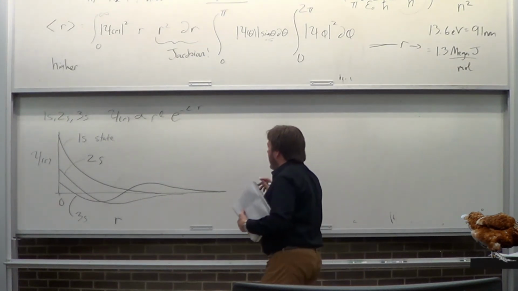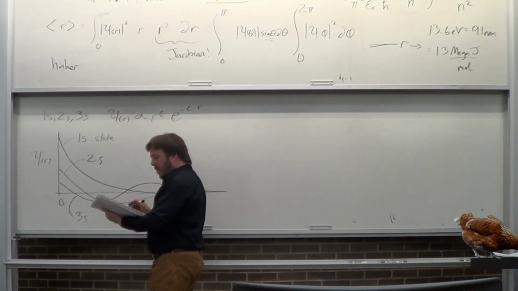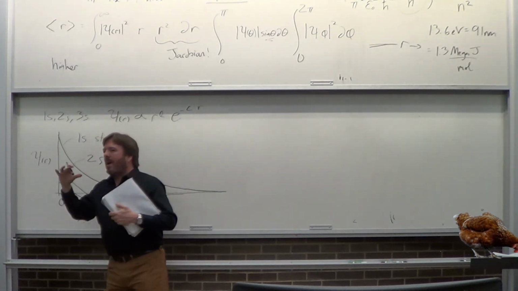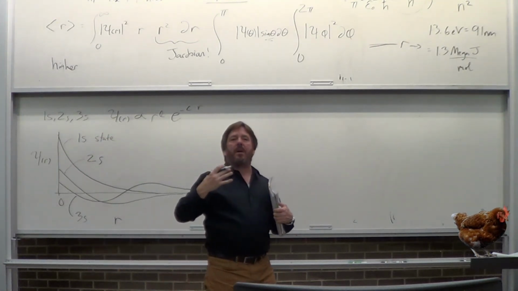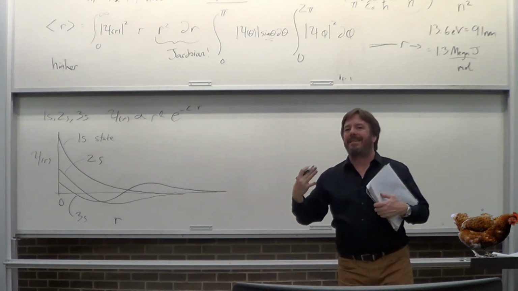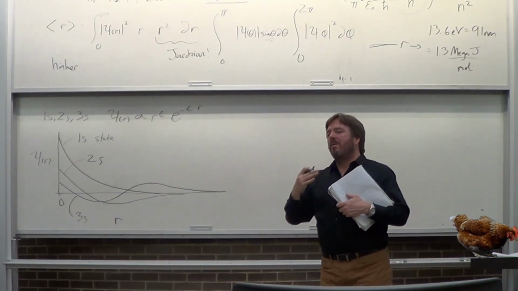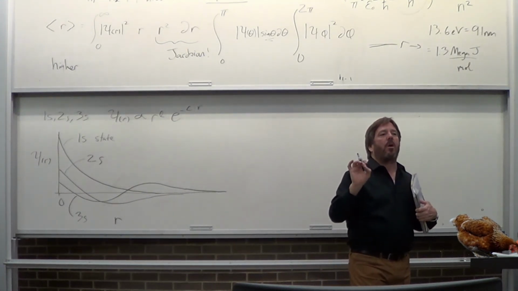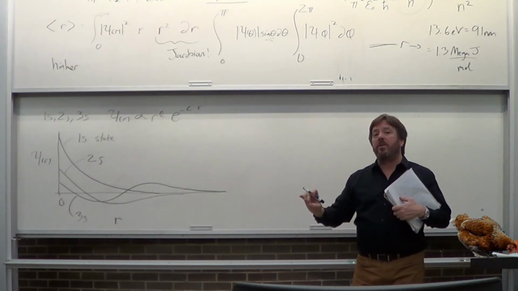Before I let you go, I want to point out something. This is kind of important. The fact that the wave function is not 0 at 0, be careful with what I just said, not 0 at 0, I would normally say that sounds bad. That means that the electron could fall into the nucleus.